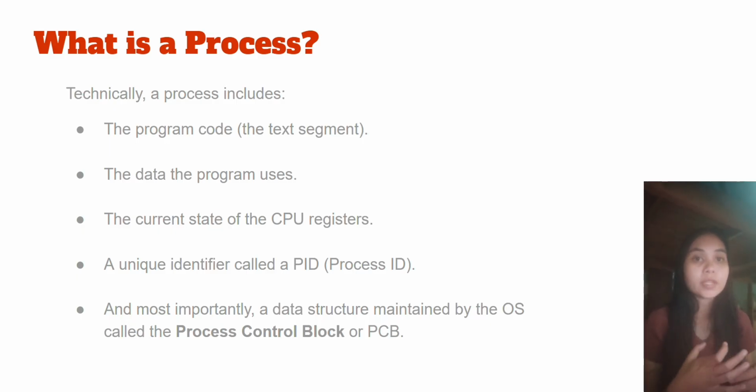And most importantly, a data structure maintained by the operating system that is called the process control block or PCB. So yung PCB para siyang record card na nagtatrack sa lahat ng nangyayari sa loob ng process, kung saan siya, where it is in memory, what it's doing, what files it's using, and so on.